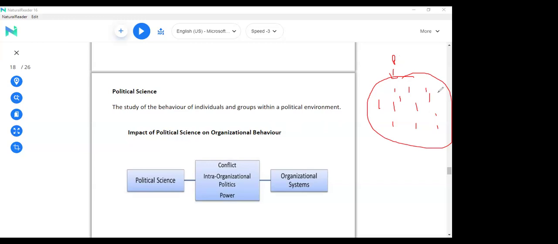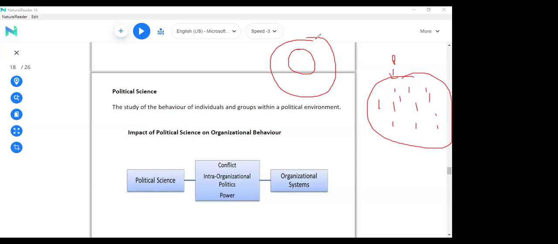Now, what I want to tell you, my dear students, is here is your organization. First, I told you that everything is inside this political circle. Then here your company is also inside that political circle.